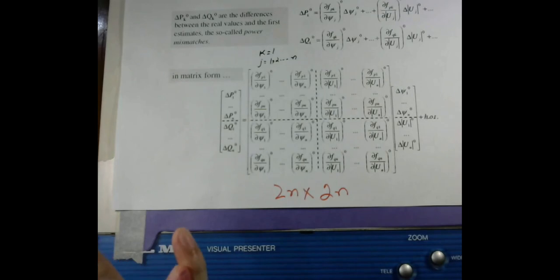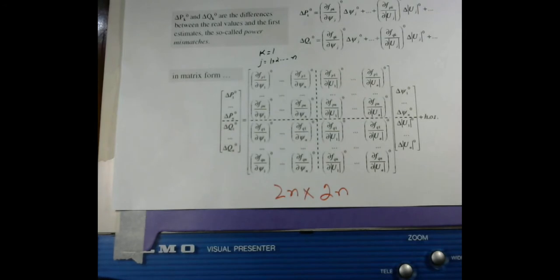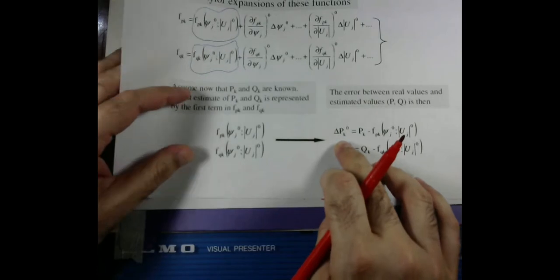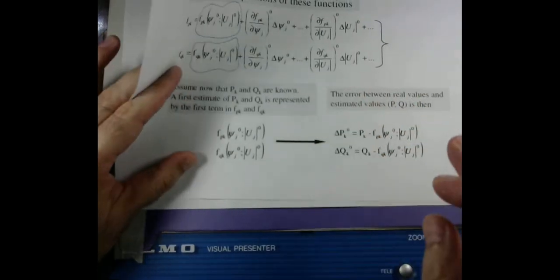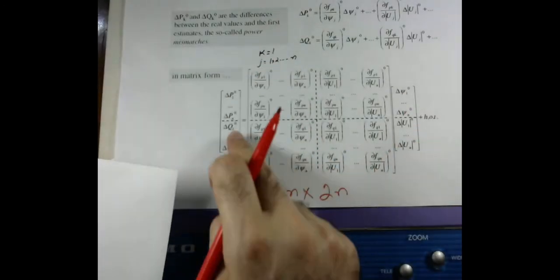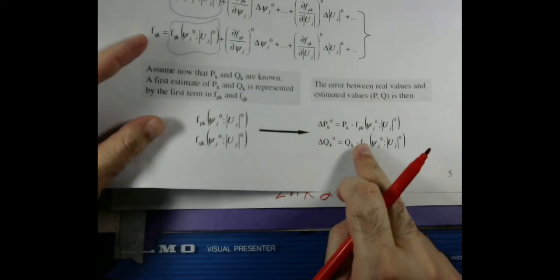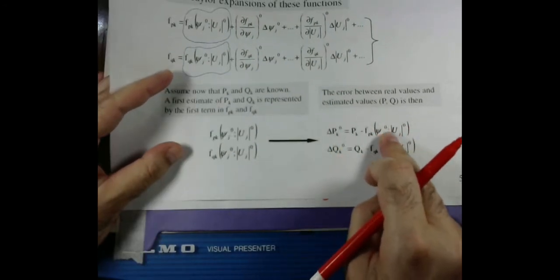Also, because this method involves the calculation of the power mismatches, for knowing these errors we should know the power mismatches. We know that it is equal to the known value minus the first estimate.